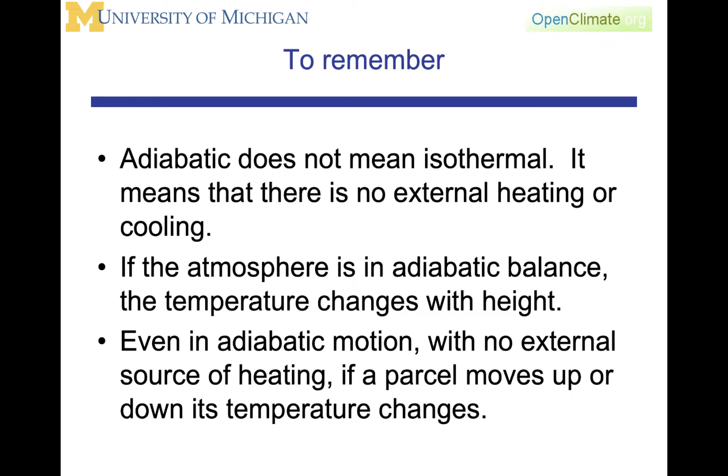If the atmosphere is in adiabatic balance, the temperature changes with height. Even in adiabatic motion, with no external sources of heating or cooling, if a parcel moves up or down, its temperature changes. It's worth thinking about that and then adding water to that parcel to think about how water might change that, and hence what we might call a wet adiabatic lapse rate.